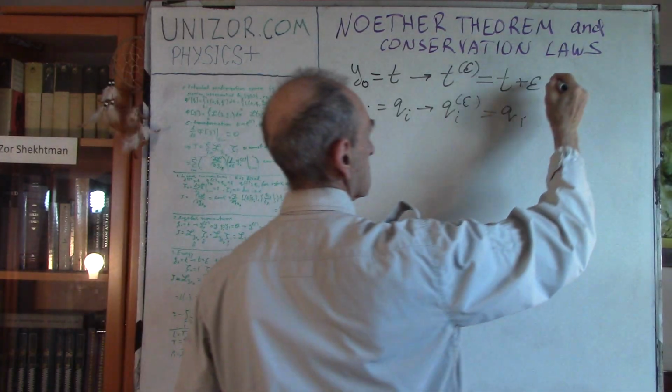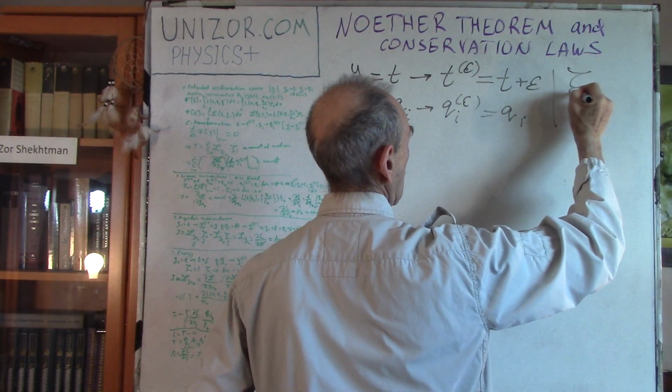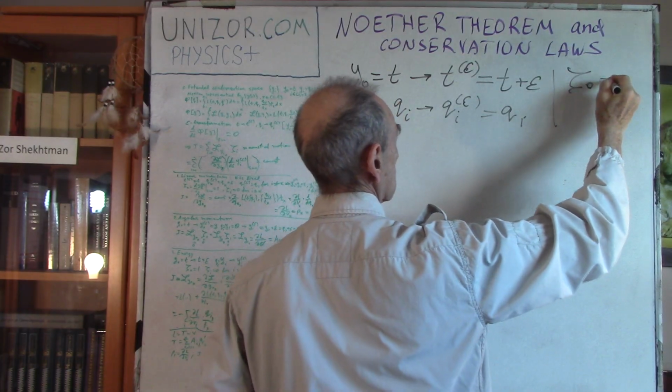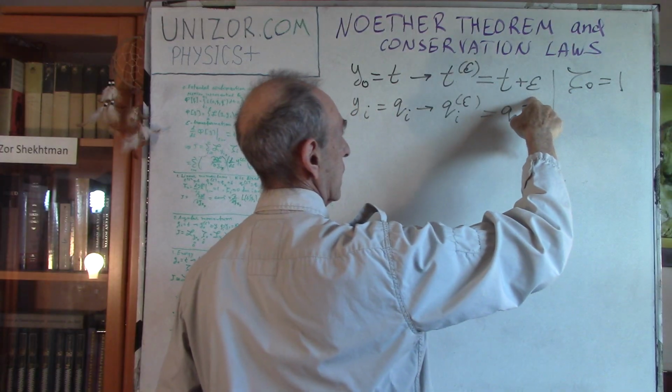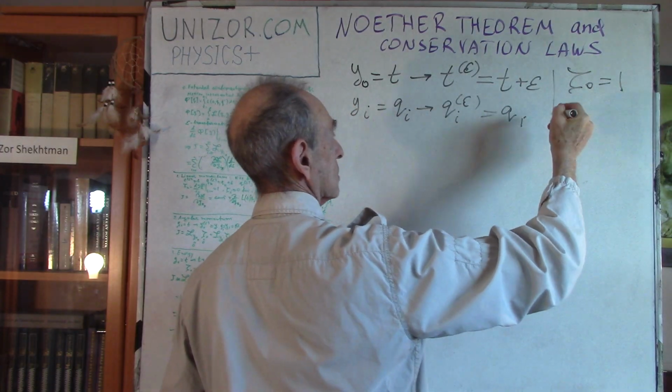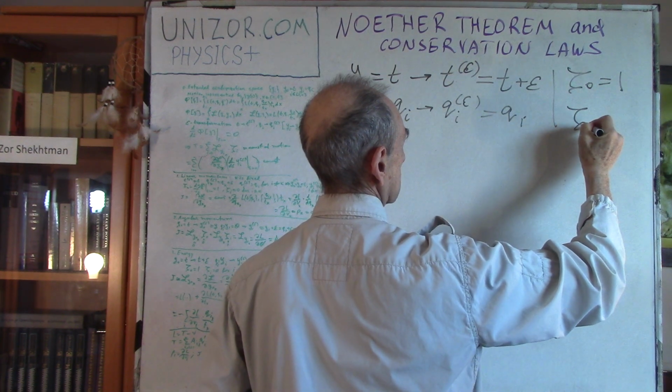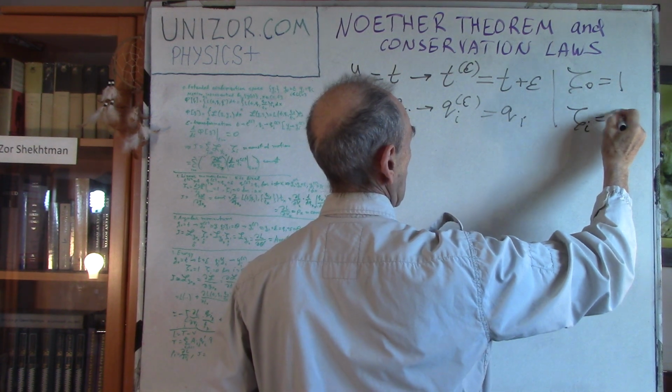So that makes my generator with an index 0 equal to 1. That's a derivative by epsilon, but epsilon is equal to 0. And all other generators are 0.